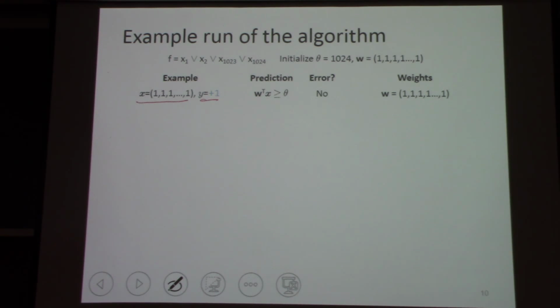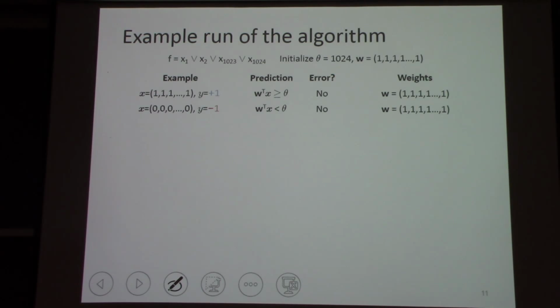Your current W is all ones, so W transpose X is 1024 because W is all ones, X is also all ones. And 1024 is greater than or equal to theta, which is also 1024. So you predict positive, so there's no error. So you don't update the weights. This is the case where nothing happens.